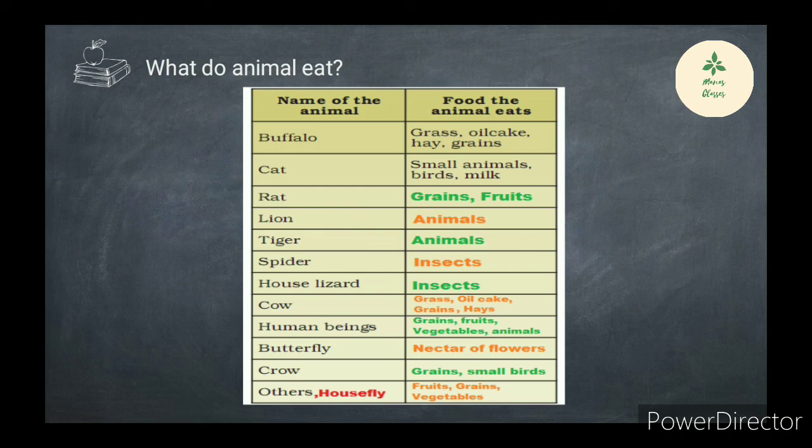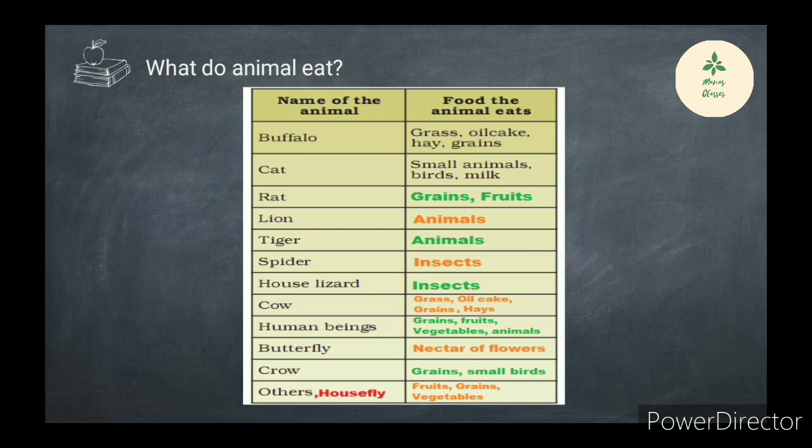There is the rat. Rat eats grains and fruit. Lion eats animals. Tiger, yes, obviously animals. Spider eats small insects. House lizard also eats small insects. Cow eats grass, oil cake, grains and hay.